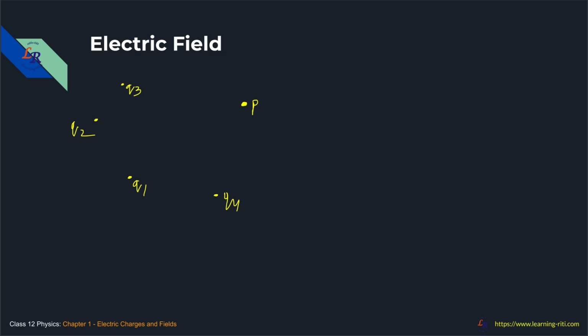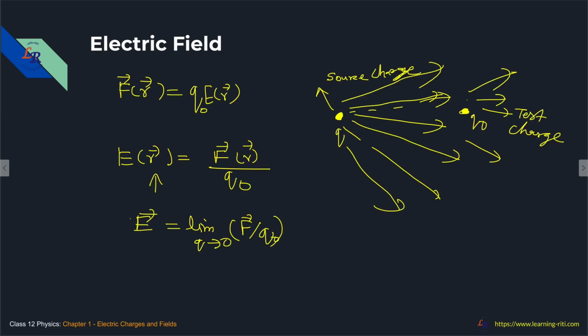As we just saw from the definition, each charge would have its own field, and we want a resultant field from all these individual charges. How do we estimate it? As we saw previously, we define the electric field from the concept of force, dividing by the test charge which is going to experience the field.